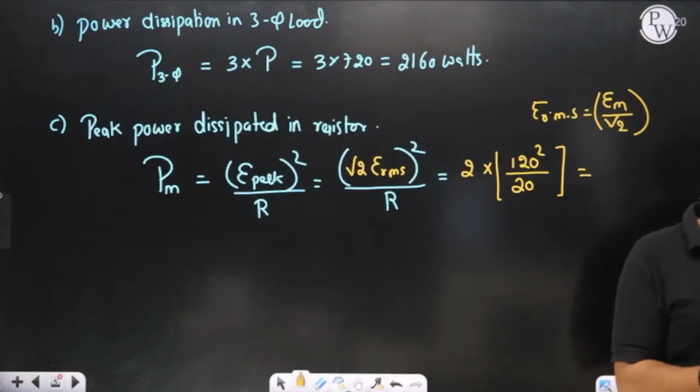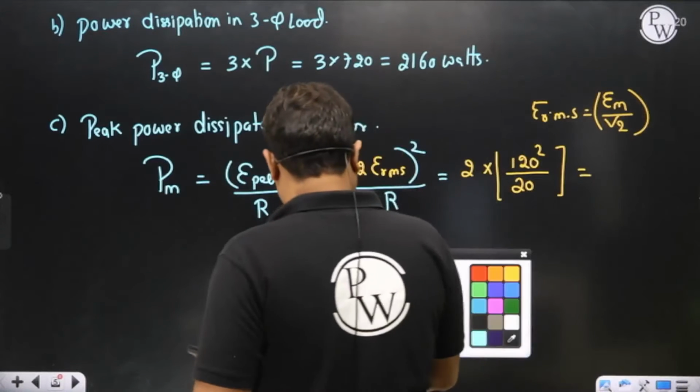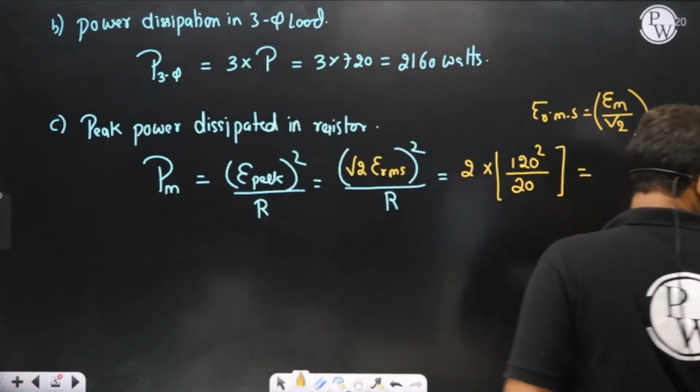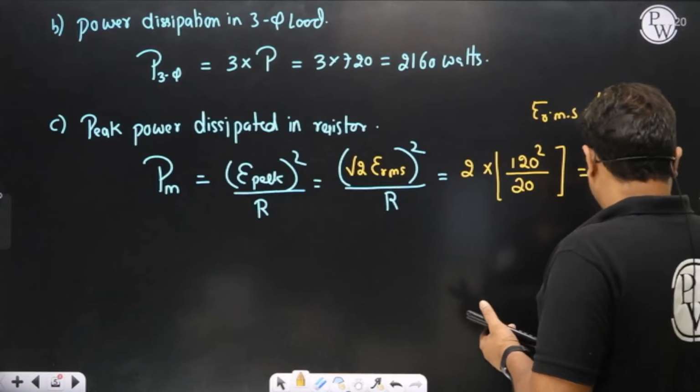So the peak power loss will become, sir, 720 into 2, 1440 watts.